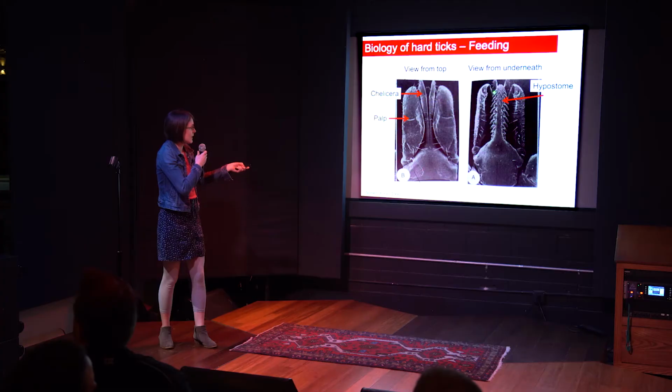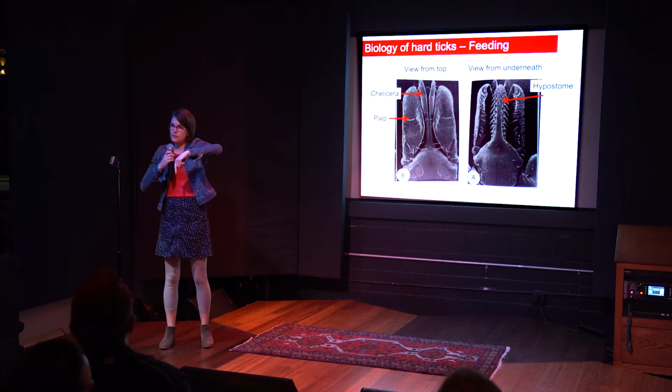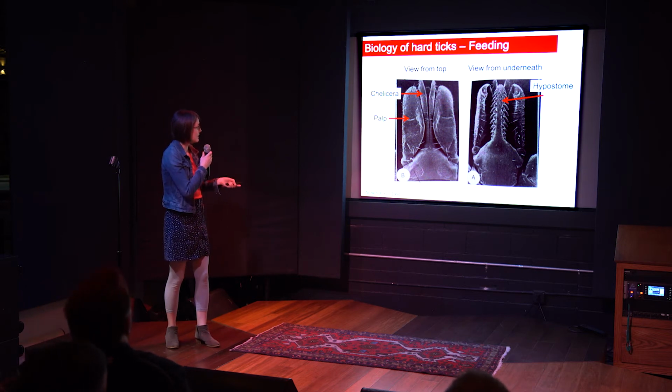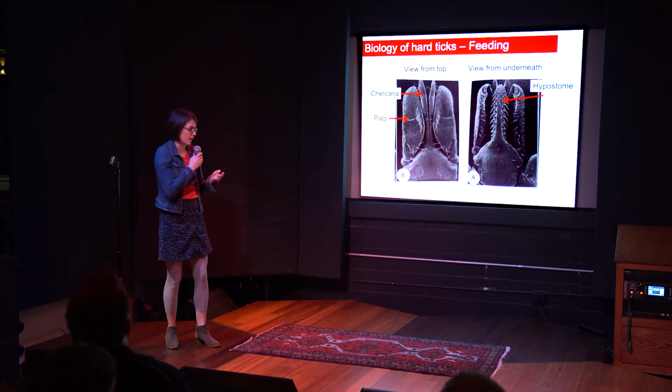So they have little sharp blades on the end, basically, that they can slice your skin open with. And then they insert their hypostome, which is right here. This is the main feeding mouth part. So see all these backward-facing barbs? That really helps anchor the mouth part of the tick into our skin so they can stay in there, because they need to stay lodged in for quite a while.